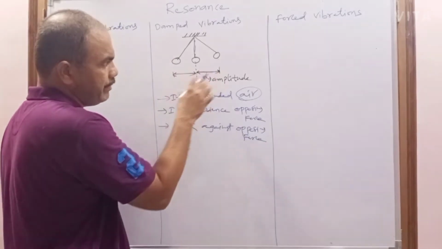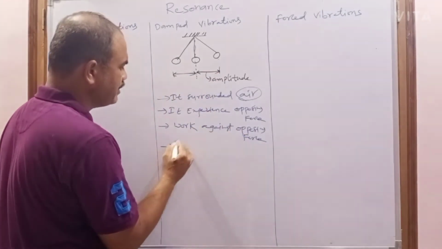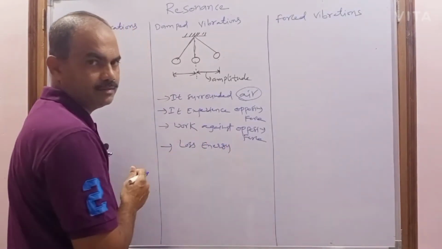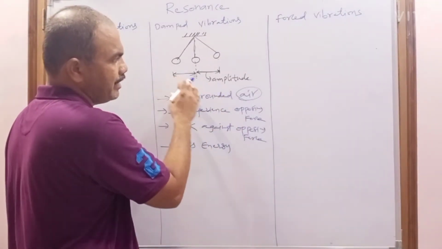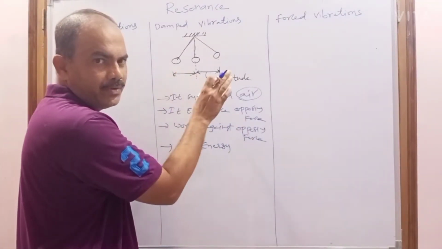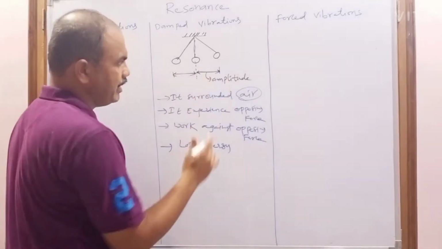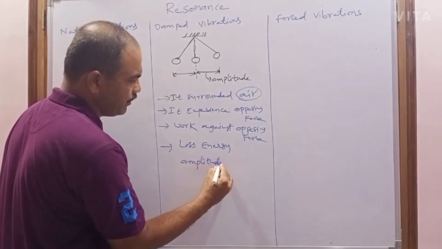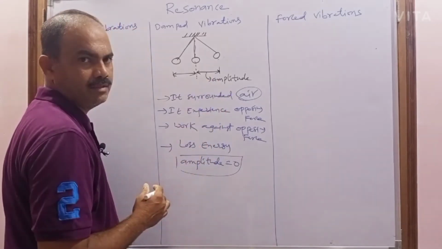When the simple pendulum does work against the opposing force, it loses energy. Because it is losing energy, it does not continue with the same amplitude every time. That is why the amplitude decreases. Finally the amplitude becomes zero, that is, it comes to rest.